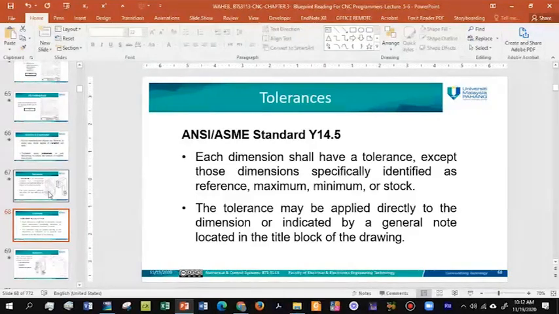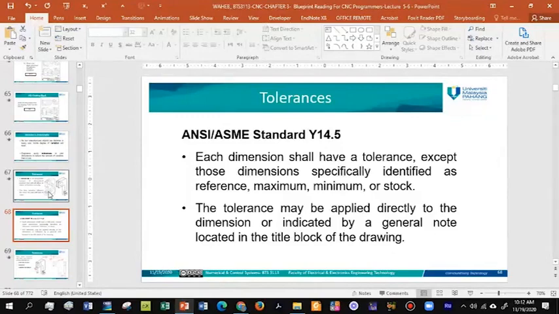They define some standards related to the tolerance values and the tolerance categories. These standards are used by the manufacturer, the programmer or the designer who makes the sketch or drawings for the products during their design stage before they send them to the manufacturing stage.